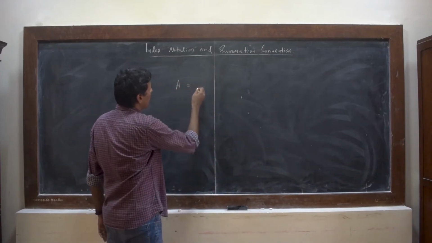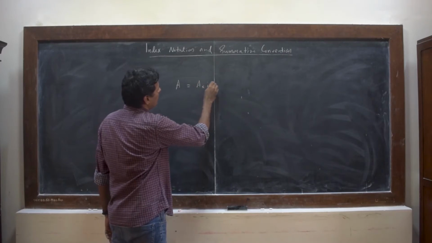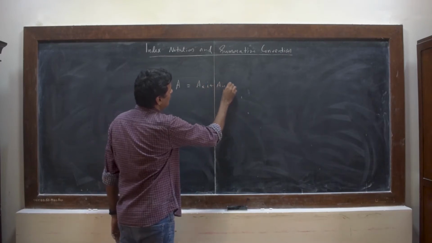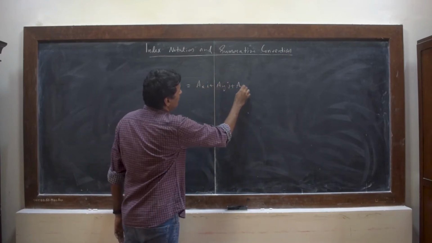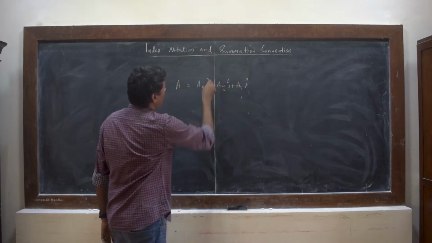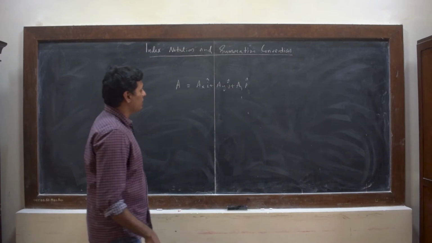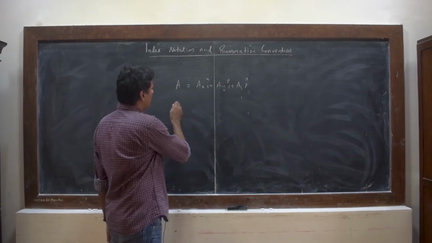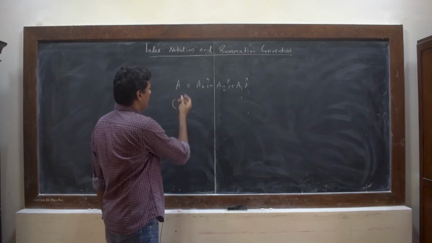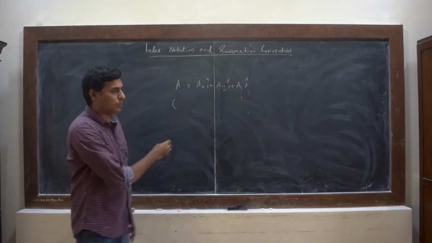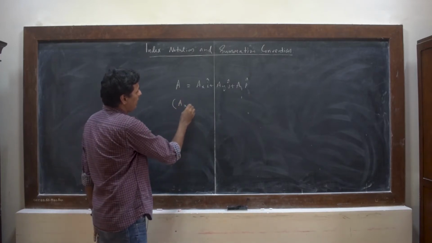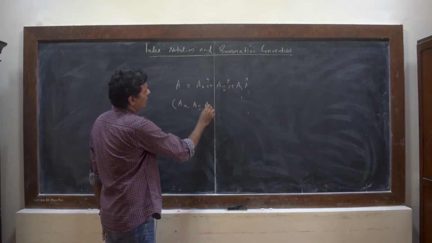A, which is equal to AX i plus AY j plus AZ k, where i, j, k are the unit vectors in the usual sense. Now you can write it in the component form, like we can say that the components of the vector A are AX, AY, AZ.